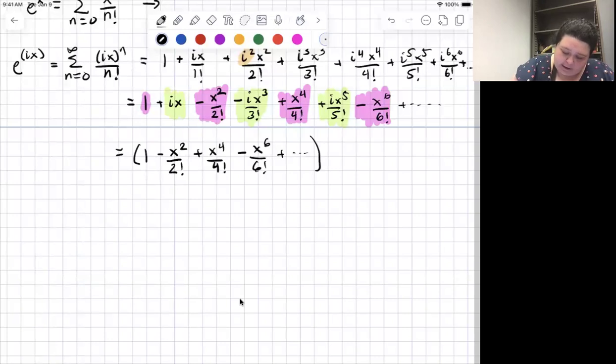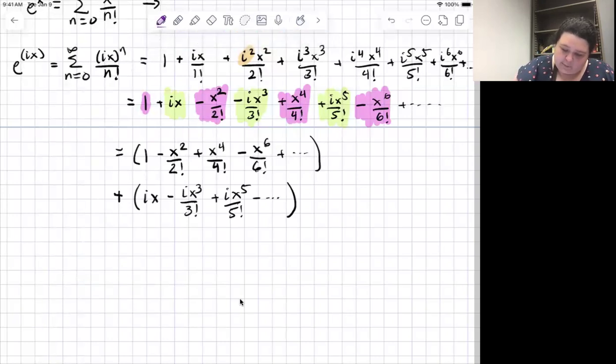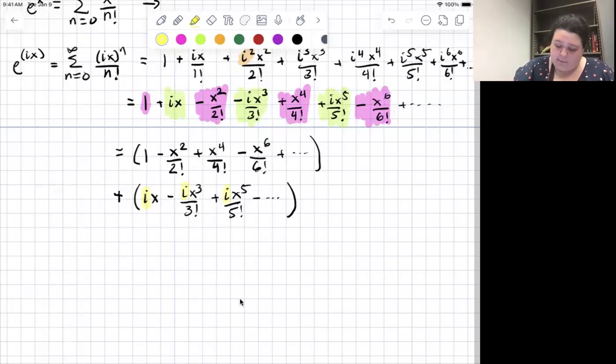If I now include my green terms, well, it looks pretty similar to the sine function that we wrote earlier, but we have one difference. The big difference here is that we have this i out in front, but it's out in front of every single term.